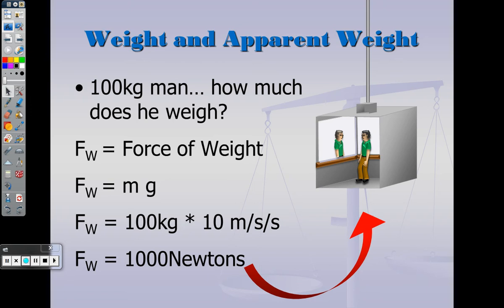So start thinking about that. Start thinking about when you have been in an elevator, when it's going up versus when it's going down. Think of what happens to your weight.